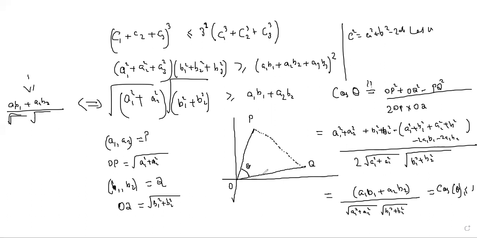And that has to be less than 1. You see? So Cauchy's inequality is a very simple fact in that sense. And in the same way, it is also true for 3 variables and 4 variables and so on. Okay. So we can just assume that for print.